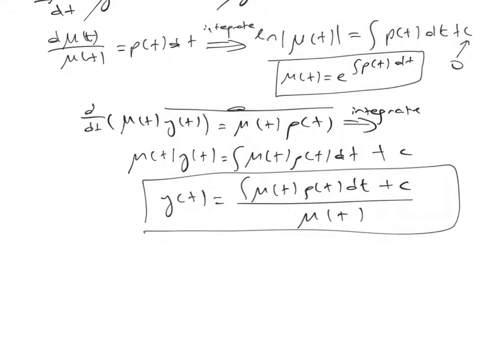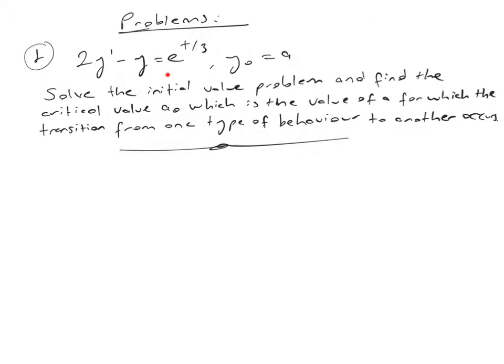And let's solve some problems. Our differential equation is given in this form, and we are asked to solve the initial value problem and find the critical value for a0, which is the value at which the transition from one type of behavior to another occurs. And we are trying to make the coefficient of the highest order term 1.